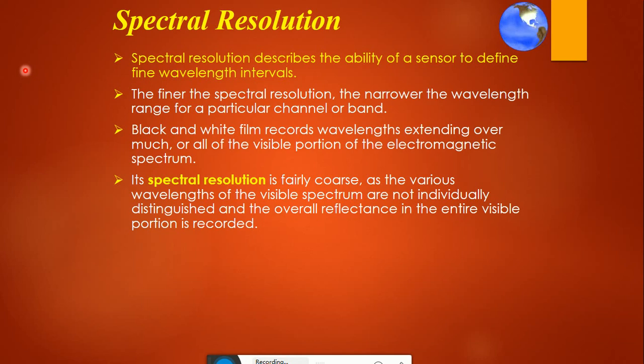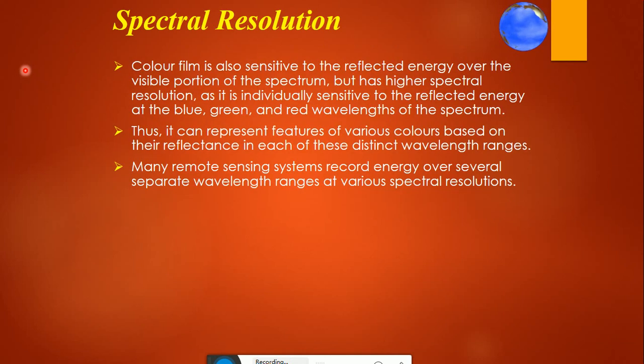Color film is also sensitive to the reflected energy over the visible portion of the spectrum, but has higher spectral resolution, as it is individually sensitive to reflected energy at the blue, green, and red wavelengths of the spectrum. Thus, it can represent features of various colors based on their reflectance in each of these distinct wavelength ranges.